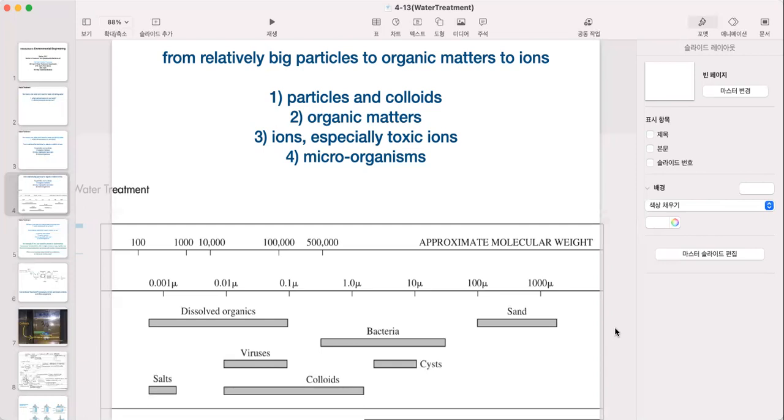How about the colloid surface? How about the bacteria surface in terms of charge? Electrostatic, the valence negative, right? So that's the natural. The colloid has a negative charge.